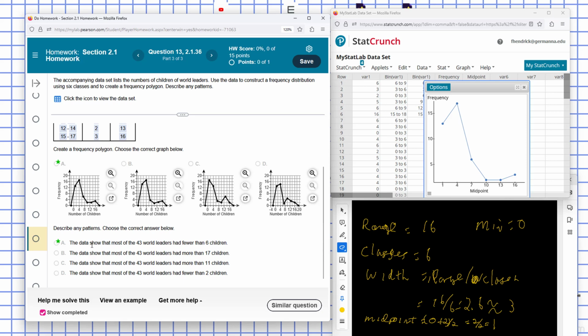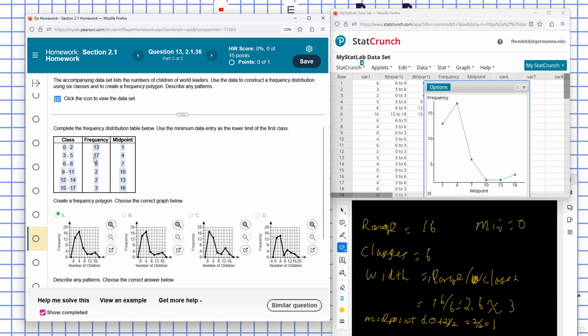Most of the 43 world leaders had fewer than 6 children. You can see that from the table up here. The class from 0 to 2 is 13. And 3 to 5 is 17. And that's that problem there.